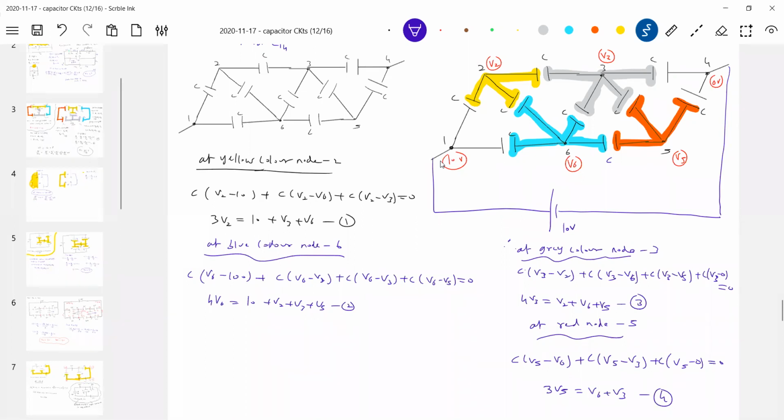Then after getting this, what is needed? You can directly jump to only these two capacitors. Don't bother about anything else; once you know V2 and V6, calculate the charge in these two.